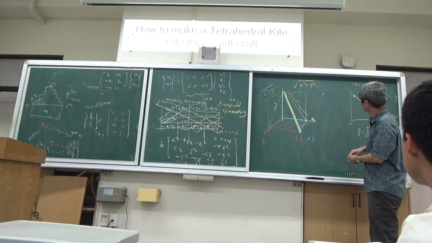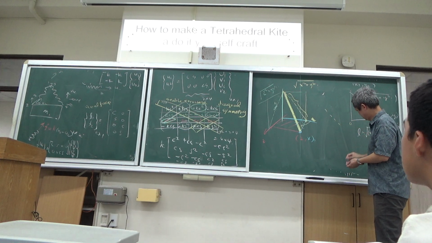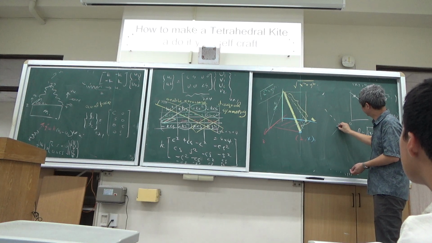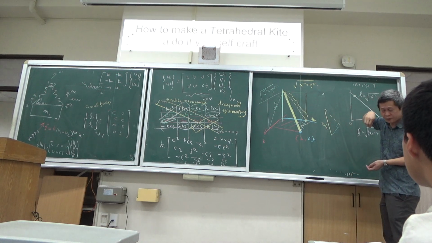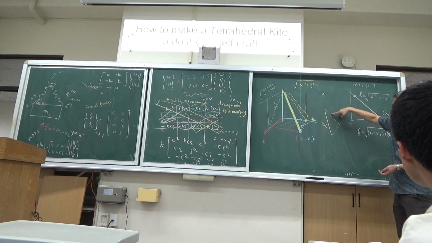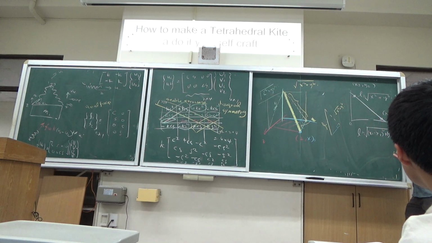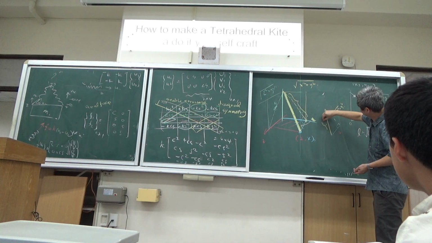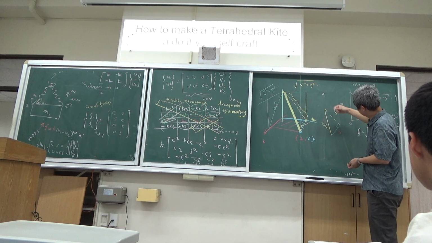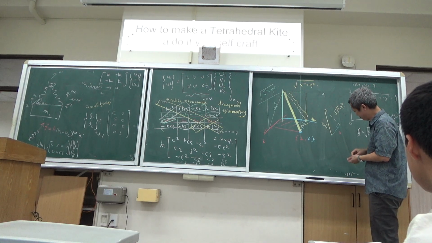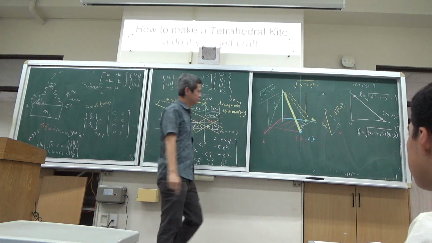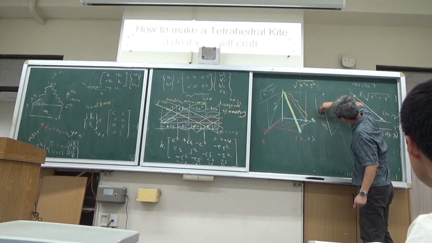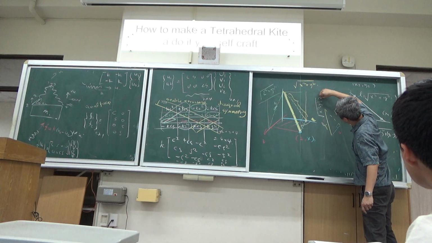So if this dash line has a projected length squared of x squared plus y squared, and this is z, you apply the Pythagorean theorem a second time, and then you are able to write the full length. Full length squared is x squared plus y squared plus z squared.